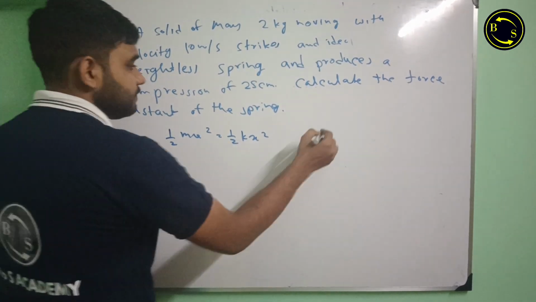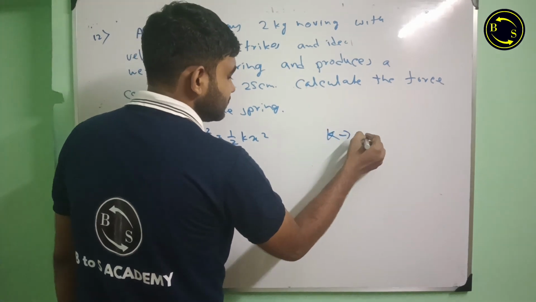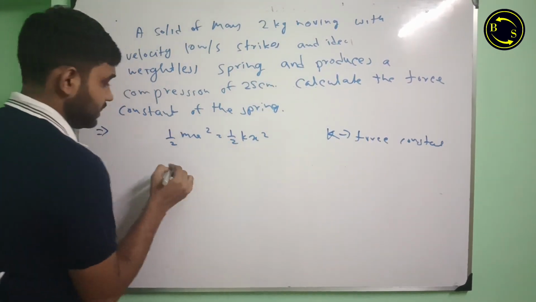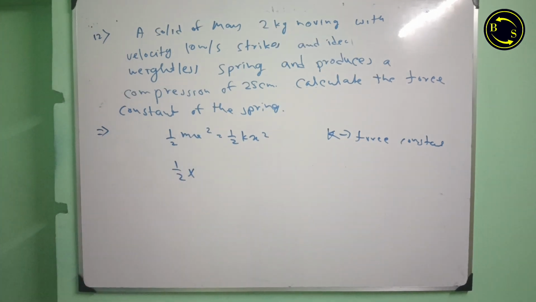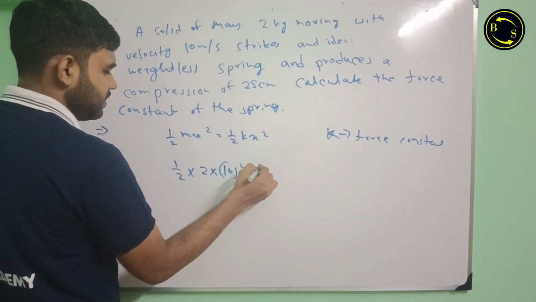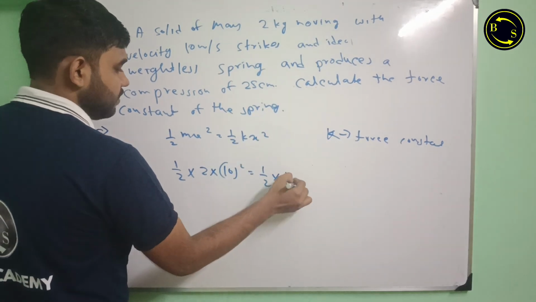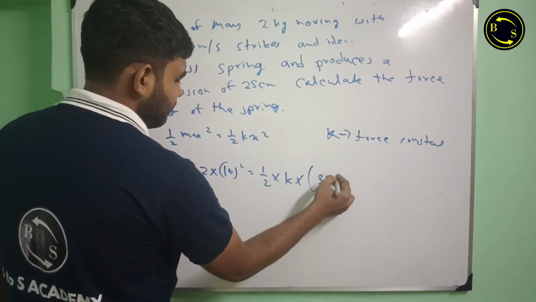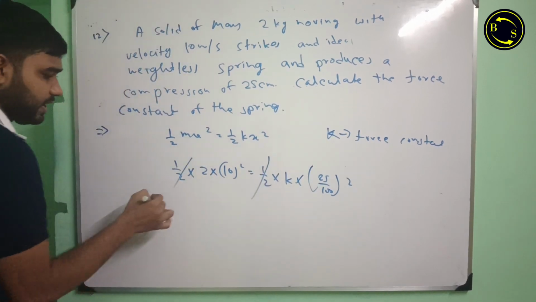k is the force constant. Okay, then half the value of m, which is 2, times v square, 10 square, is equal to half the value of k, which we don't know, times the compression, 25 centimeter, that means 25 by 100 square. Cancel it out.